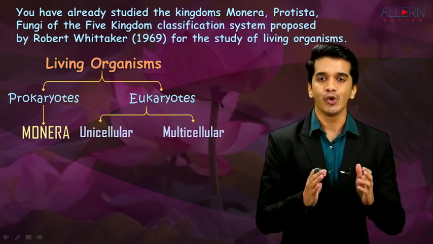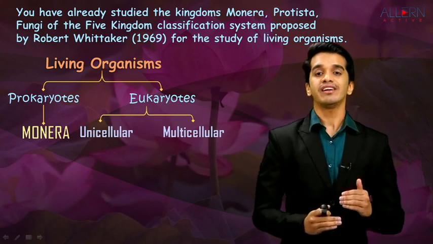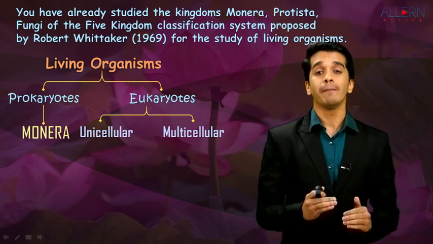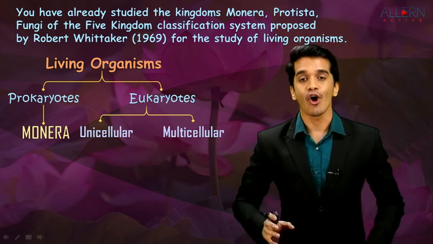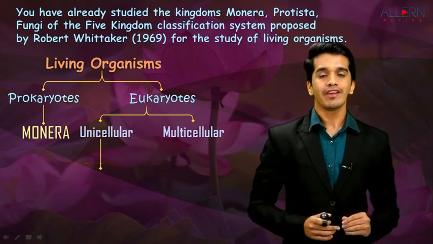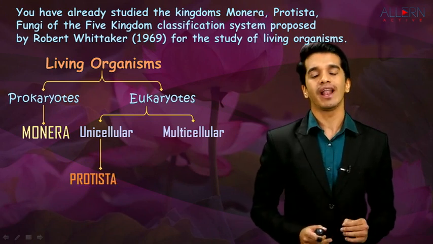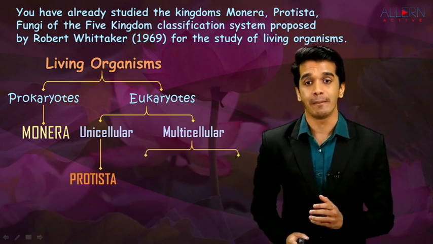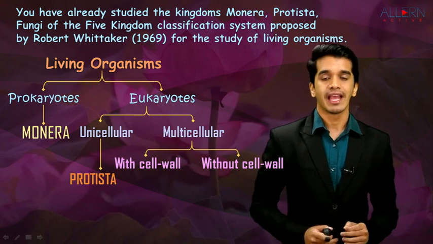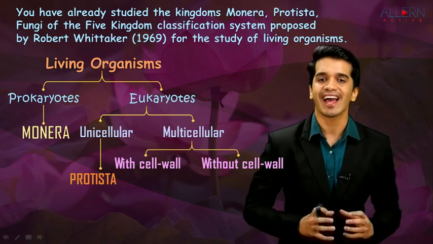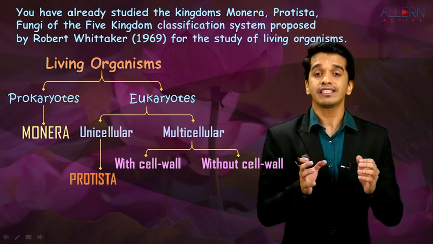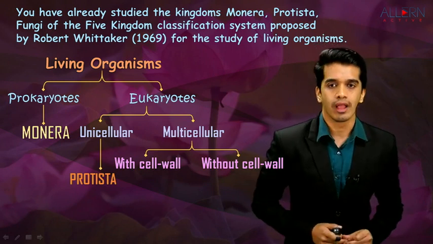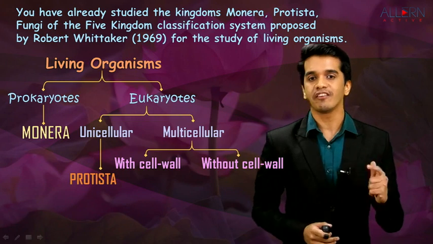When I talk about eukaryotic cells, they are further divided based on the number and complexity of cells, that means unicellular or multicellular. Unicellular is called Protista, for example amoeba, paramecium and euglena. For multicellular organisms, the cell either contains a cell wall or does not. When I say cell wall, what comes to our mind?